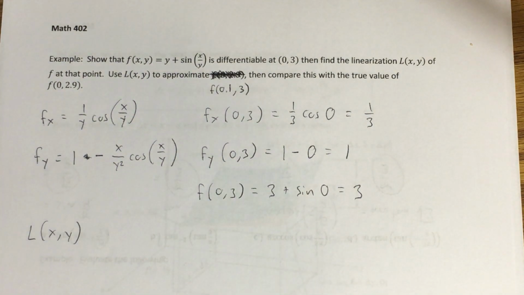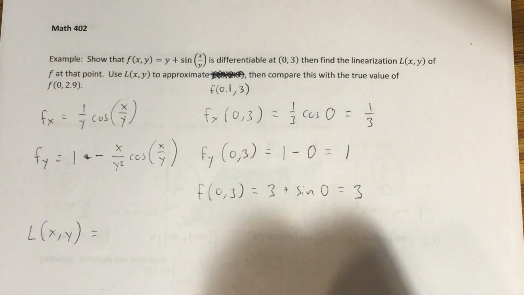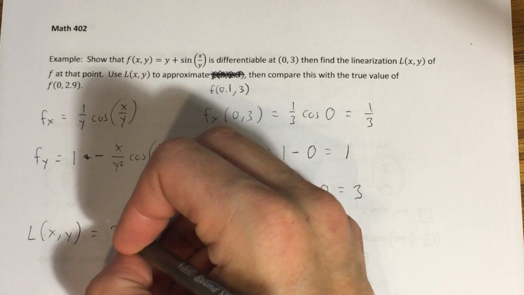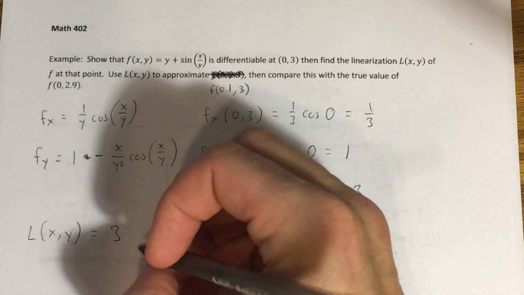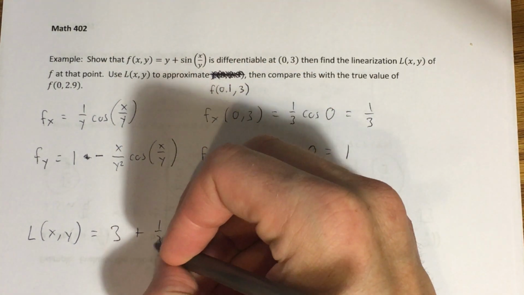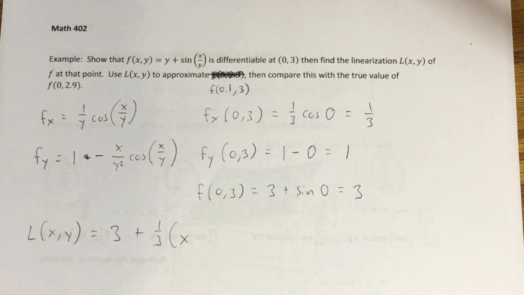So putting all that together, f of (0, 3) was 3, plus fx of (0, 3), which was 1/3, times x minus a.